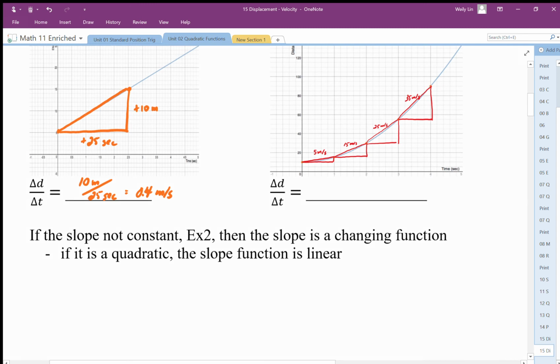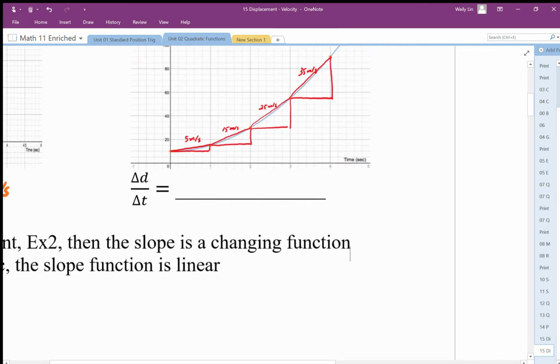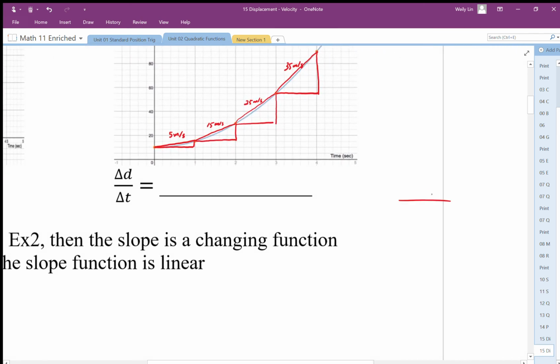Since this is changing, we can't say the rate of change is a constant function, but we could say it is a function itself.